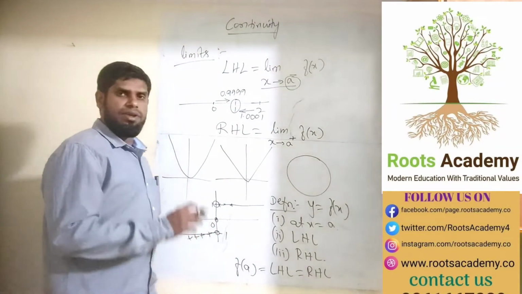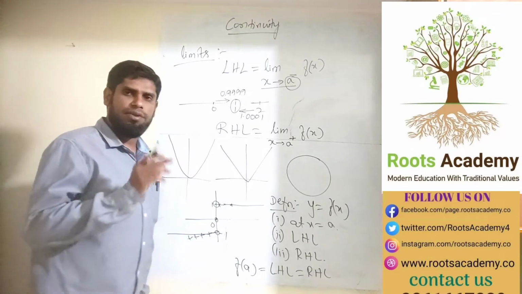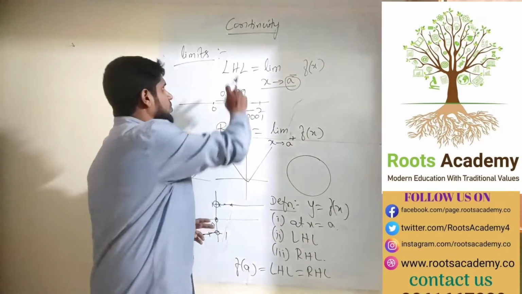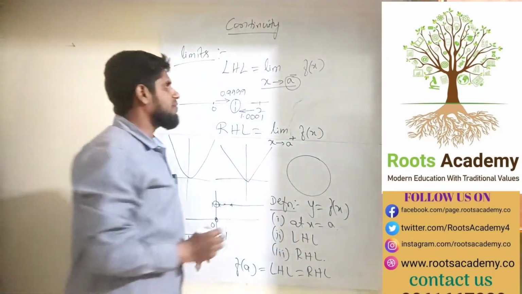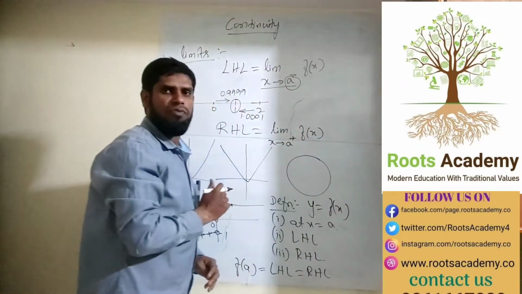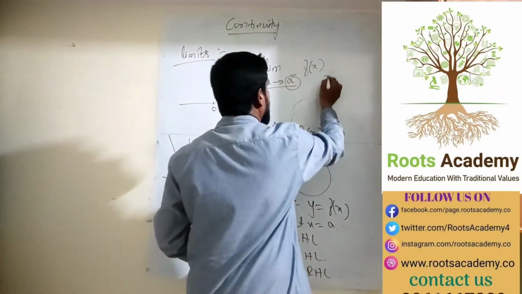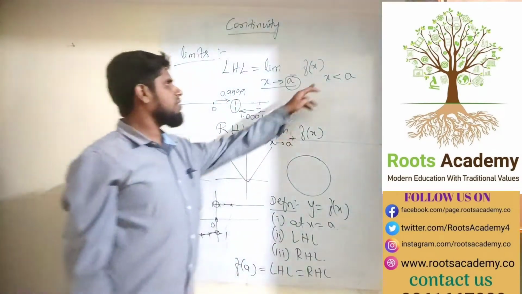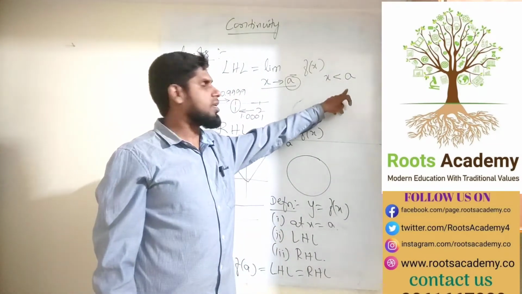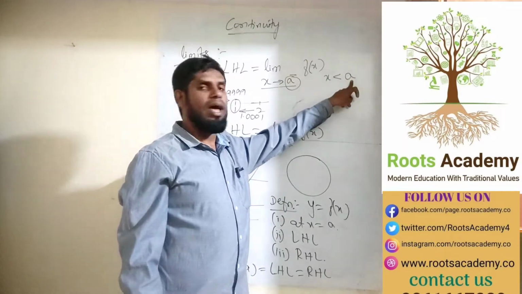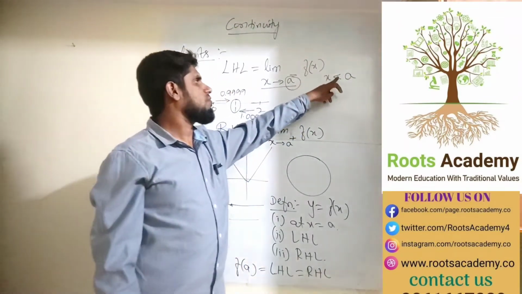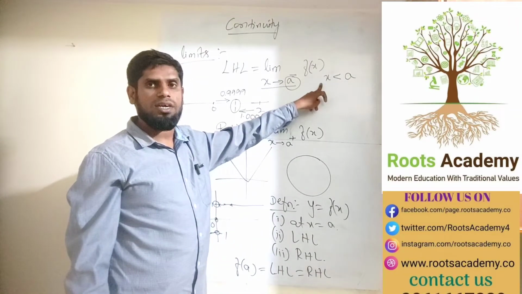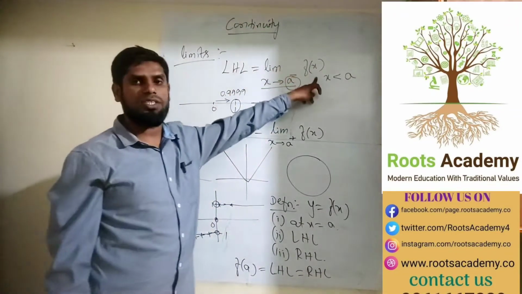Now students, in any problem of continuity or discontinuity of a function, to take the left hand limit, we will prefer the lesser values of x. If x is less than a, whenever we get this kind of condition that x is lesser than the value, whatever function is related to this condition is called the left hand limit function.